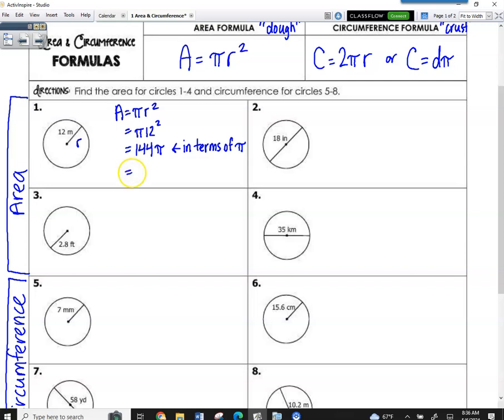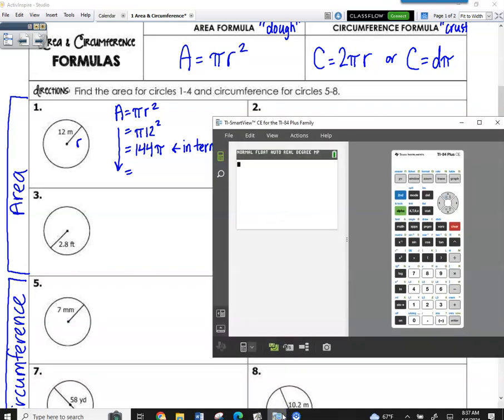Now, if I wanted the actual answer rounded to the nearest, we're going to go to the nearest hundredth. There's 2 zeros in 100, so that means 2 decimal places. You would just go to your calculator and you would type 144 pi.